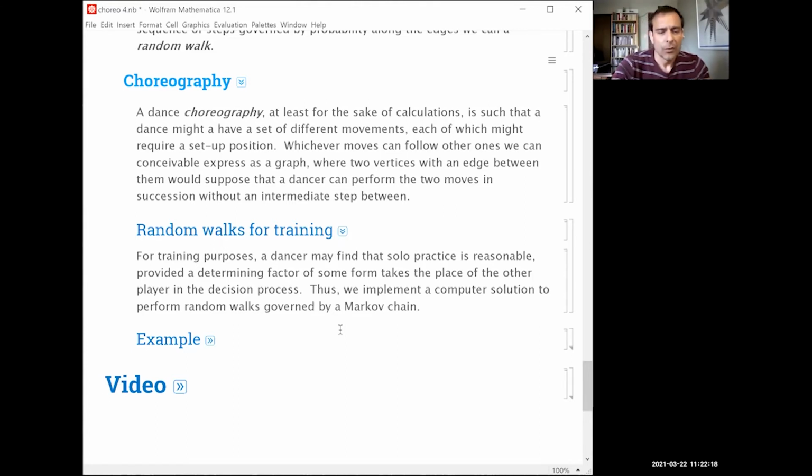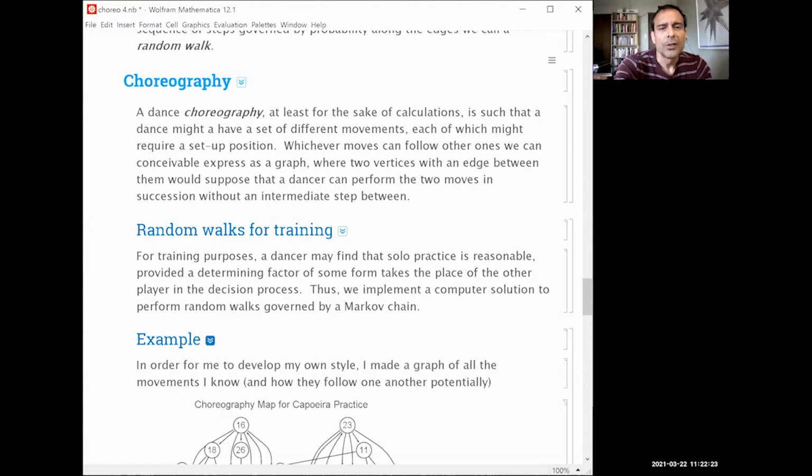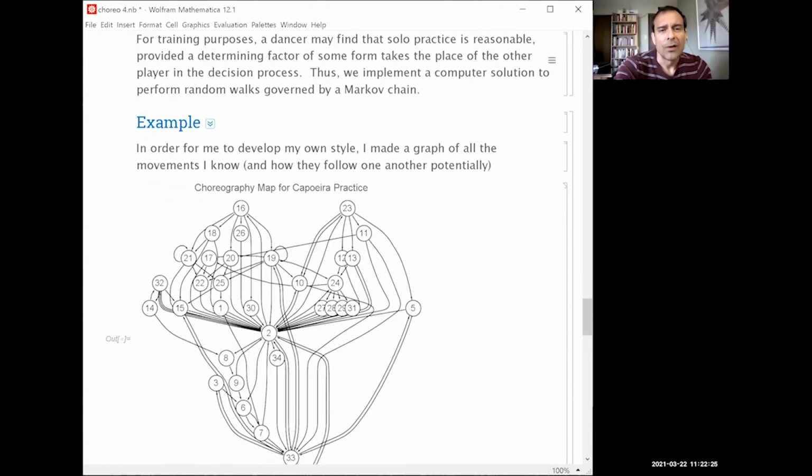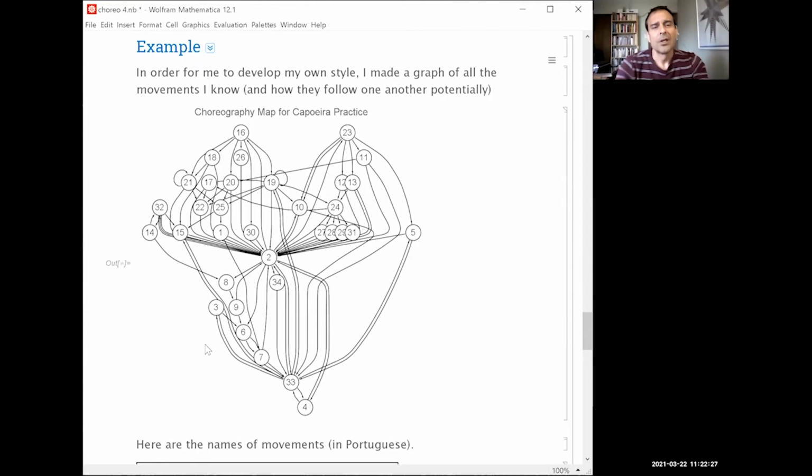So we get the computer to make up random sequences following the graph that we laid out. In my case, I chose Capoeira, which is a Brazilian African dance fighting style. And here is the graph that I made that corresponds to the way that all the moves that I know relate to one another.